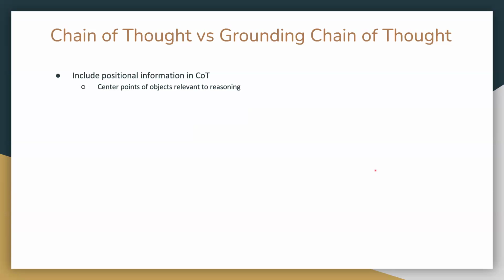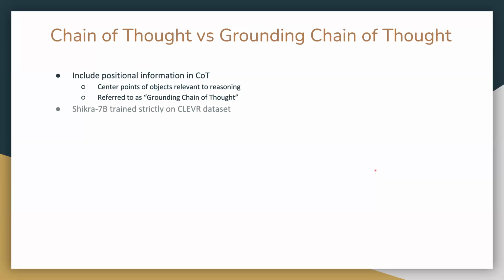The way the authors went about doing this is that while the model is producing its reasoning for its answer, anytime it references a specific object or region in the image, it has to provide a center point annotation for that object or region.